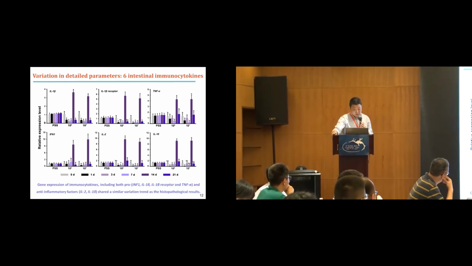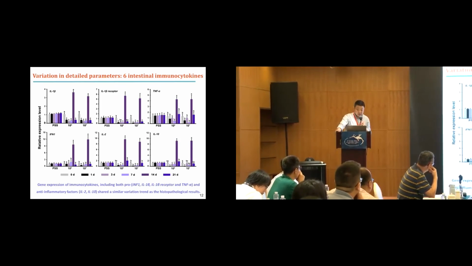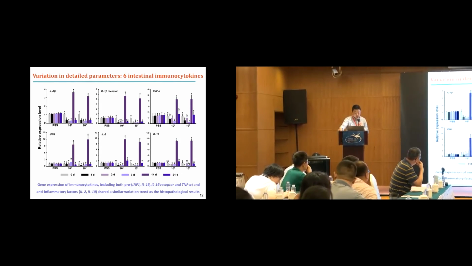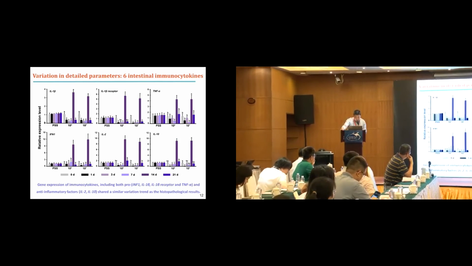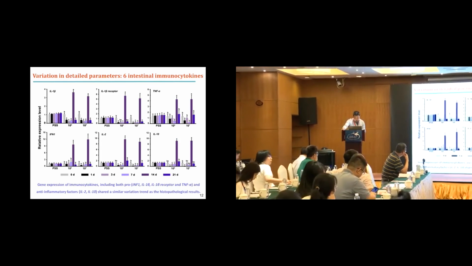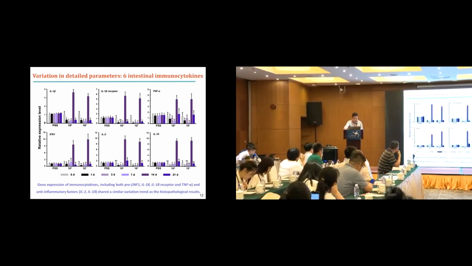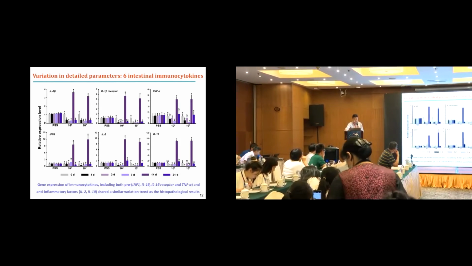And then we determined the gene expression of 6 intestinal immune cytokines, including both pro-inflammatory factors, interferon-1, interleukin-1 beta, interleukin-1 beta receptor, and TNF-alpha, as well as anti-inflammatory factors, interleukin-2 and interleukin-10.